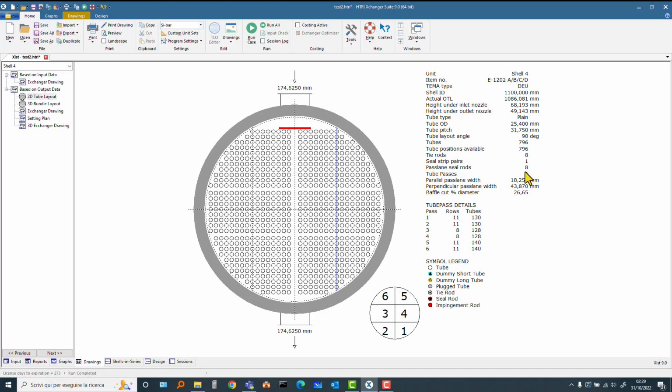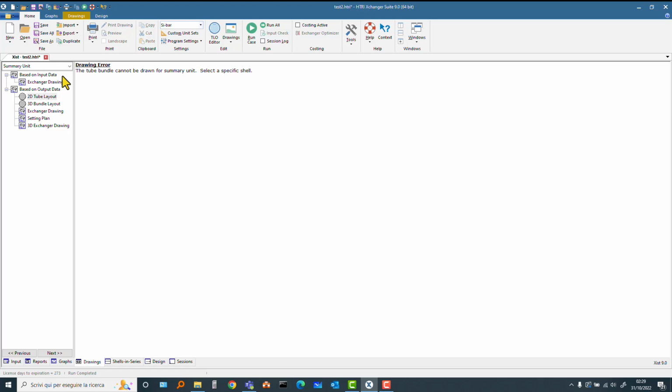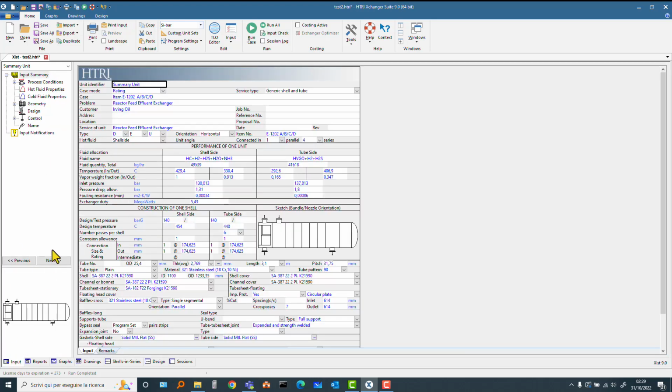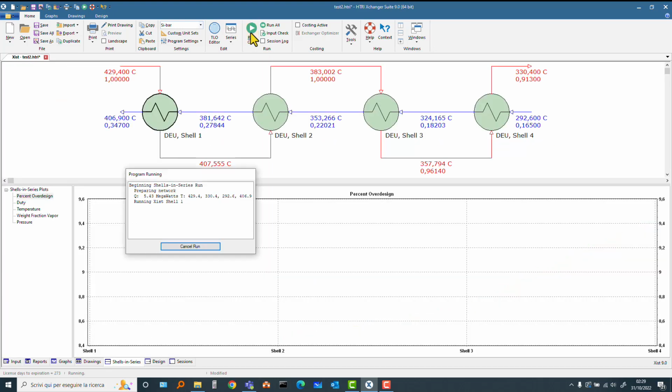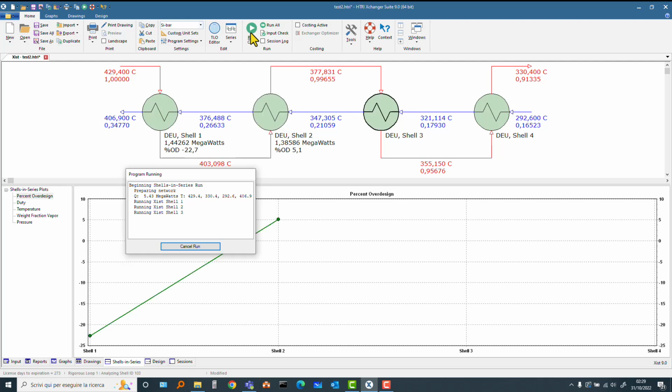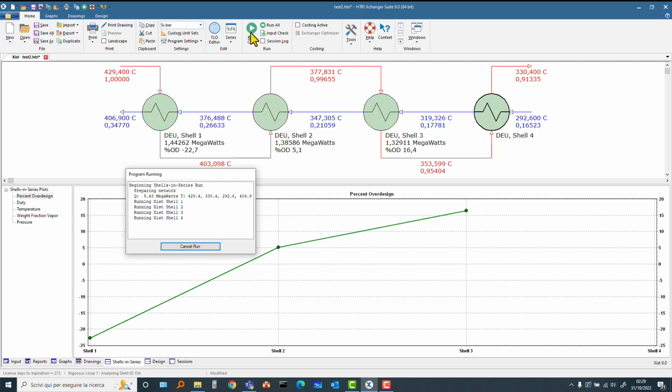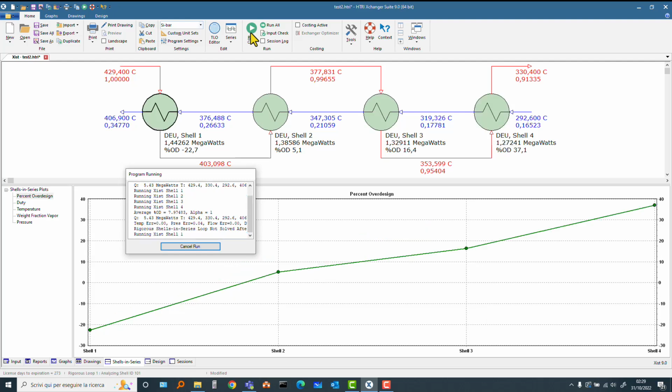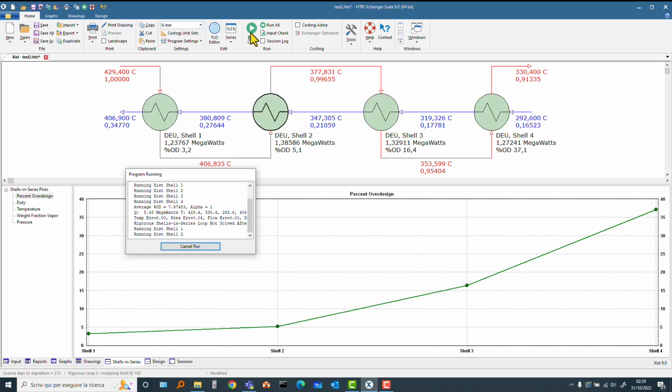So we could try one more thing, say to increase the pressure drop on the shell side. We come back to the summary unit, we come back to the input, and instead of having 7 cross passes, we put 8 cross passes and see if something changes. Maybe having a higher overdesign is a better thing, of course, provided the pressure drops always remain under the specified limits.